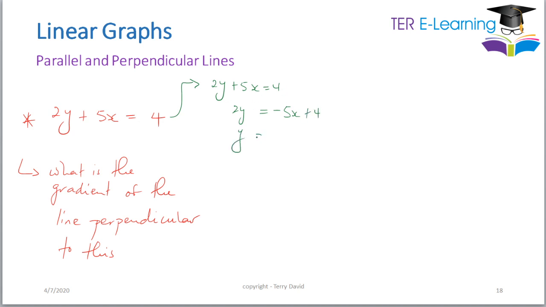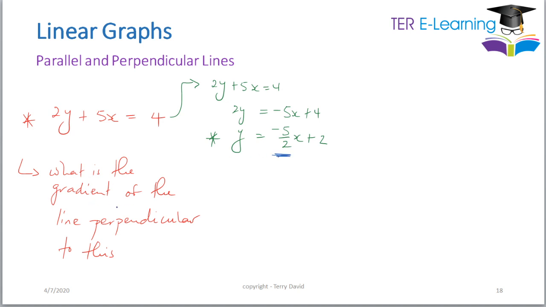So therefore y is equal to minus 5 over 2x plus 4 divided by 2, which will give me 2, right? This is what I need to do first: rearrange my equation so that it looks like this. So my gradient is actually minus 5 over 2.